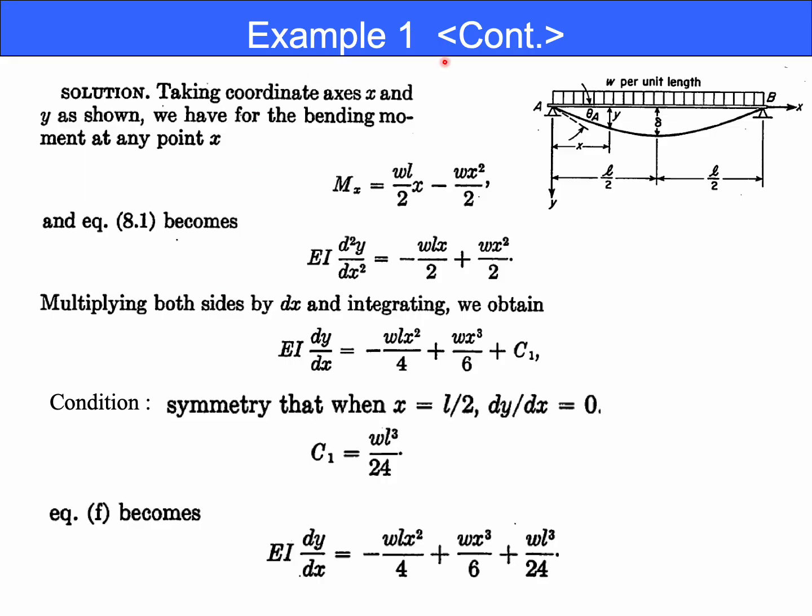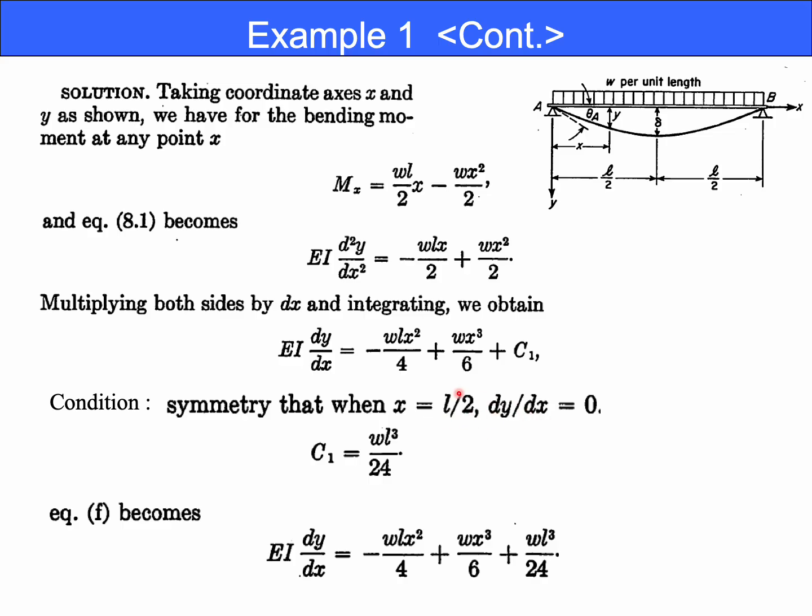Now, let's use the condition from symmetry. At the center, L over 2, the slope should be 0. Therefore, dy/dx equals 0 at x equals L over 2.